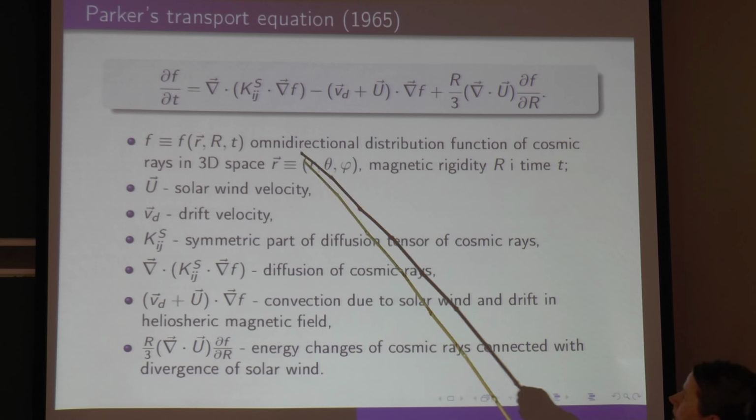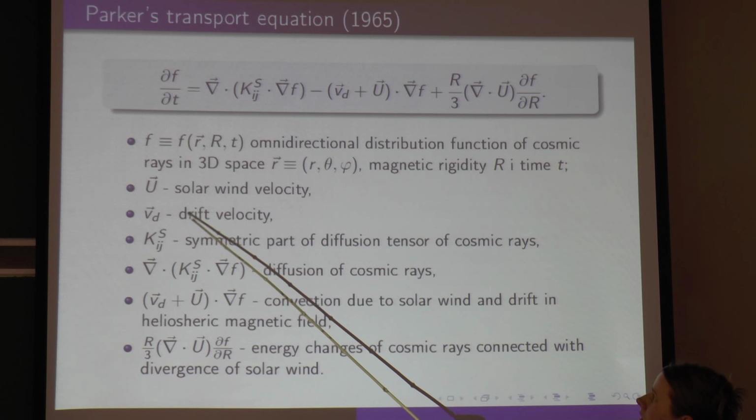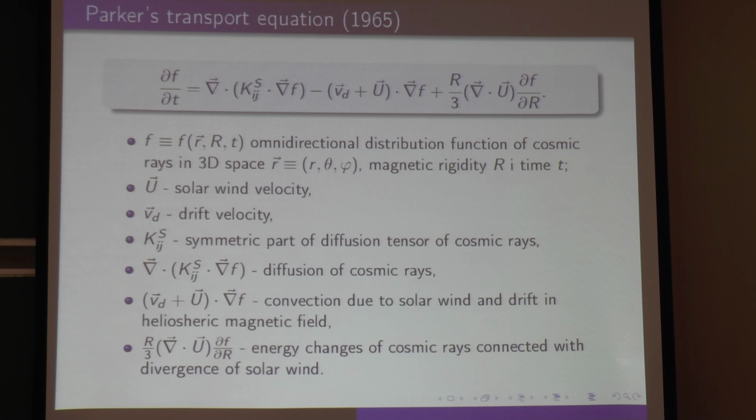Function phi is the omnidirectional distribution function depending on radial distance, heliolatitude, and heliolongitude. It depends also on magnetic rigidity of cosmic ray particles and is time dependent. U is solar wind velocity, Vd is the drift velocity in the heliospheric magnetic field, and Kg is the symmetric part of the diffusion tensor of cosmic rays.